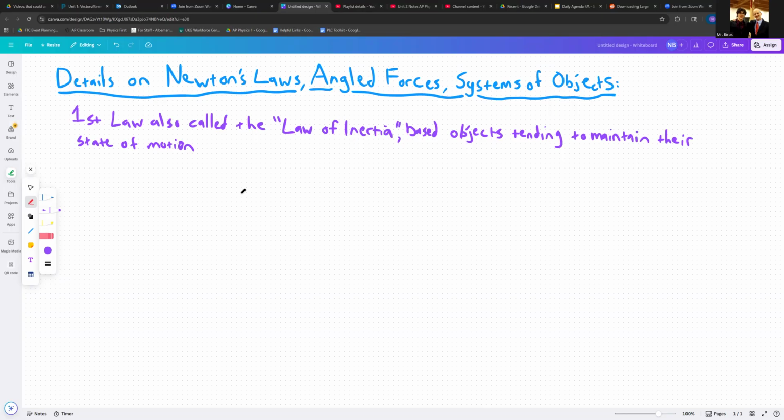So even when the state of motion changes, an object goes from being at rest and then an unbalanced force acts on it, so it moves, or it's moving at constant velocity, an unbalanced force comes along, so it accelerates, slows down, or speeds up.